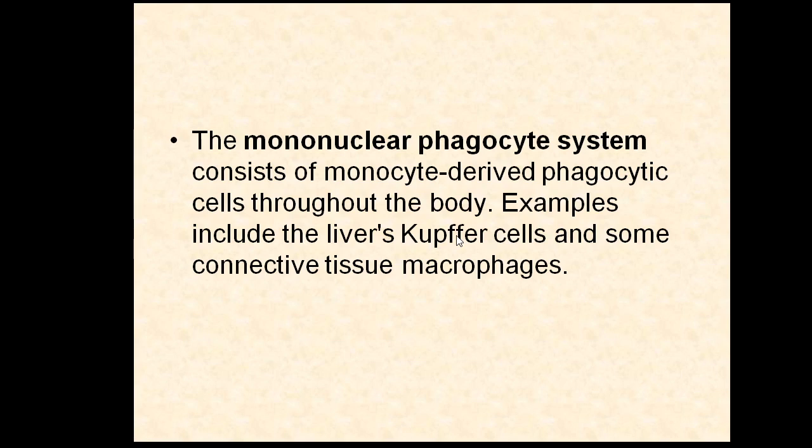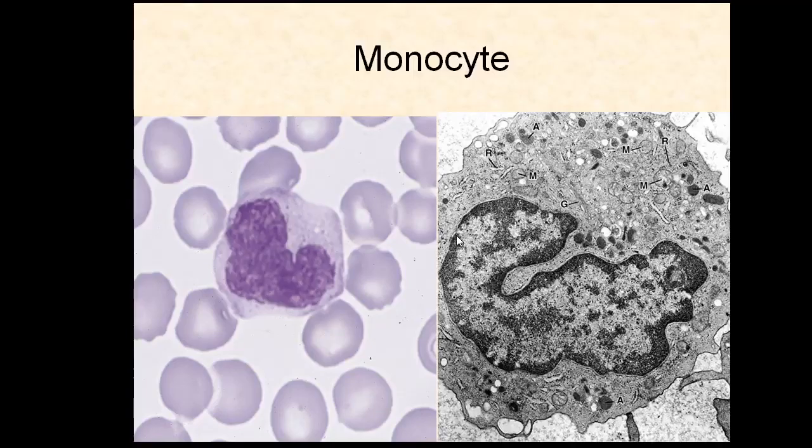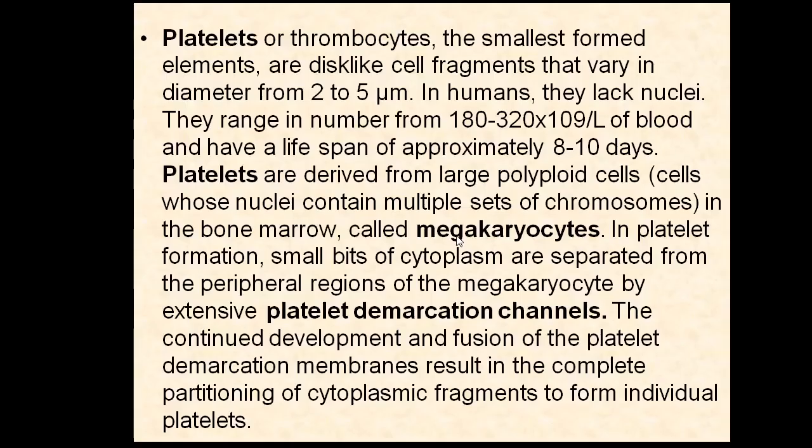All these cells, macrophages, originate from the monocyte of the blood. Next. So the monocyte is the last group of leukocytes in the leukocytic formula.